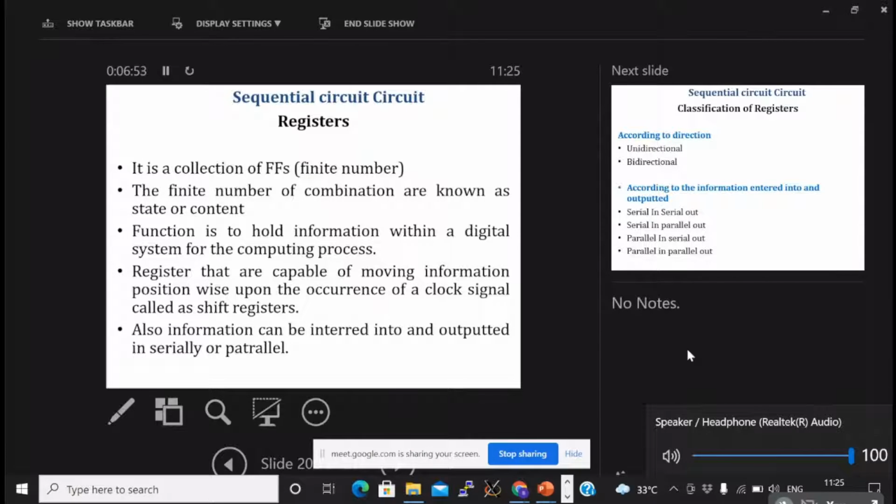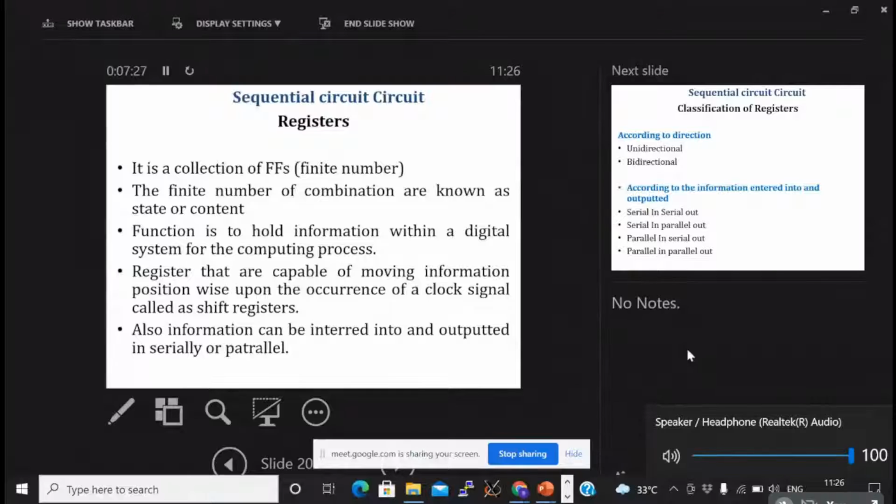Okay, let's see what happens when we take the information parallel in and serial out. The same goes inside the register in one clock cycle, but to get the data output, again the speed is not that good.